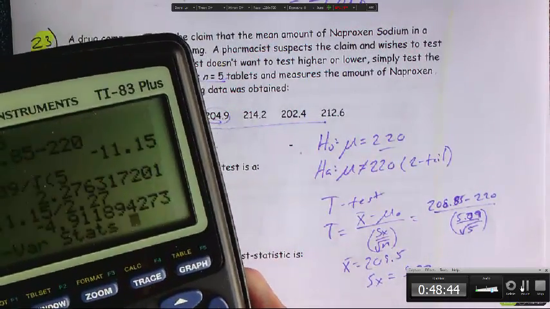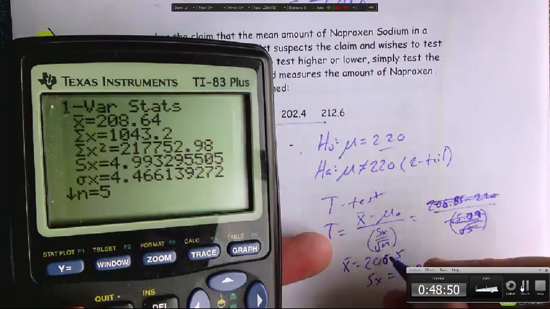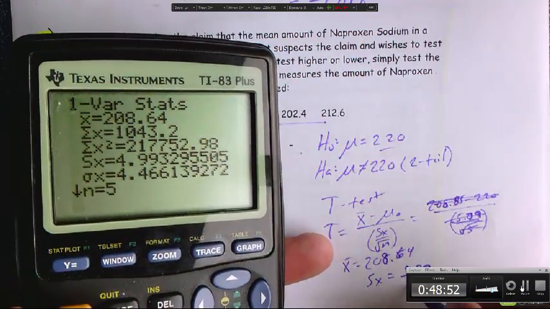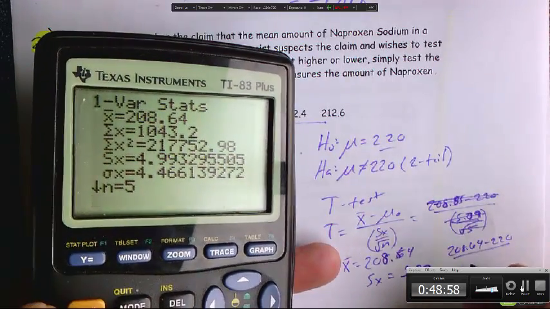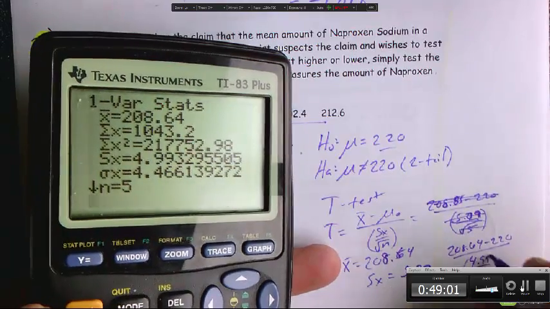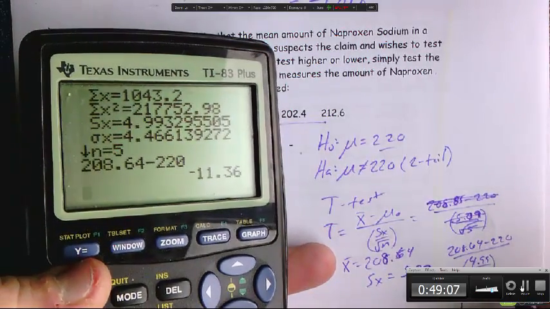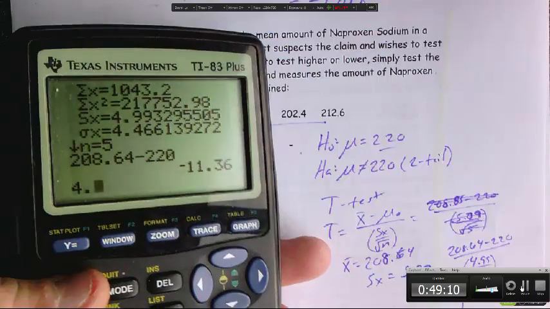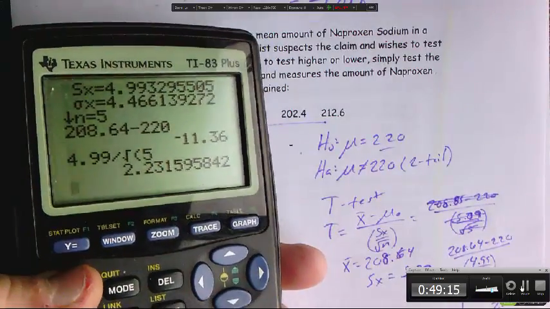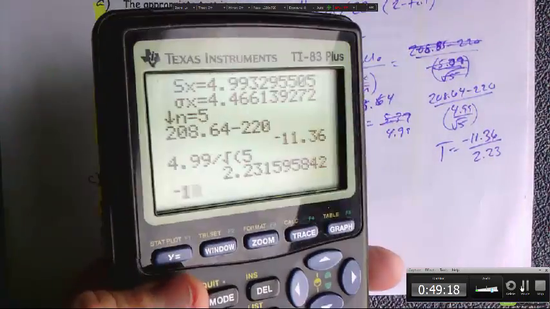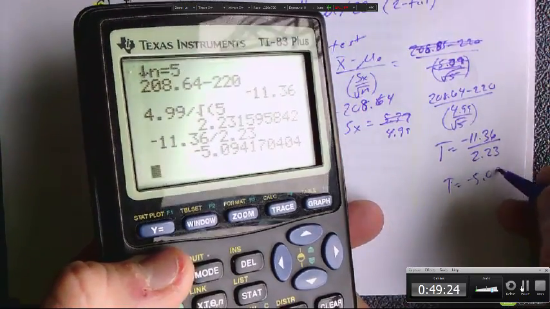Stat, calculate, one variable stats on list 1, gives us 208.64 and 4.99. So 208.64 minus the claim, divided by 4.99 over the square root of 5. 208.64 minus 220 gives us negative 11.36, divided by 4.99 over the square root of 5, which is 2.23. Negative 11.36 divided by 2.23 is a t-score of negative 5.09.